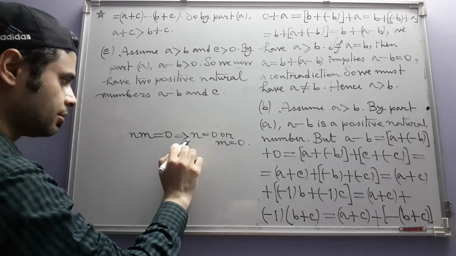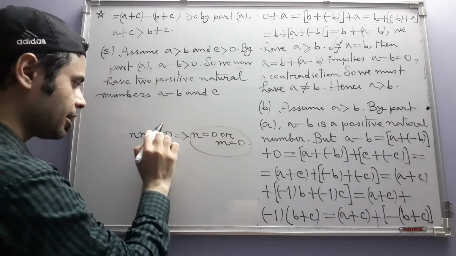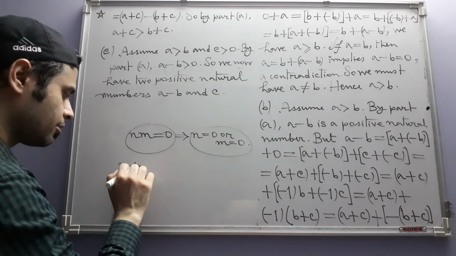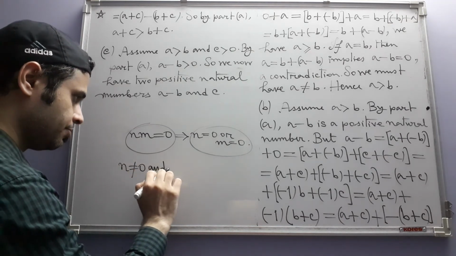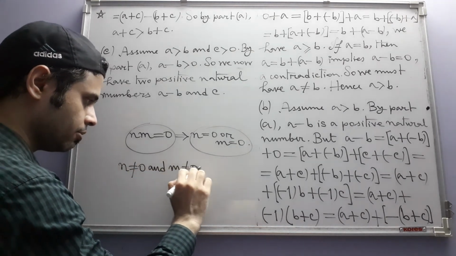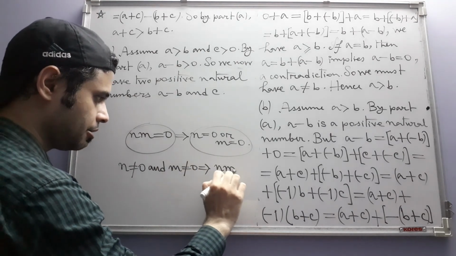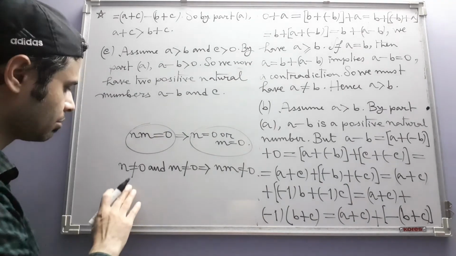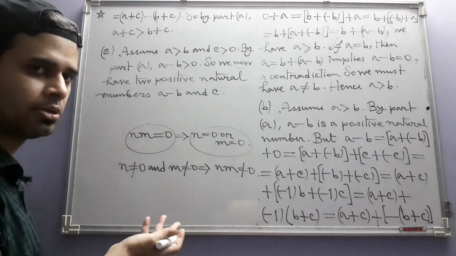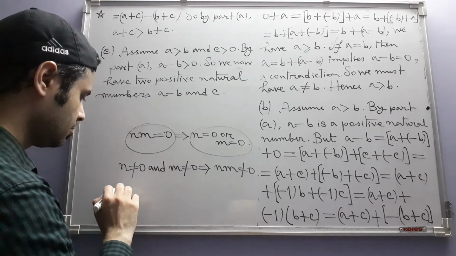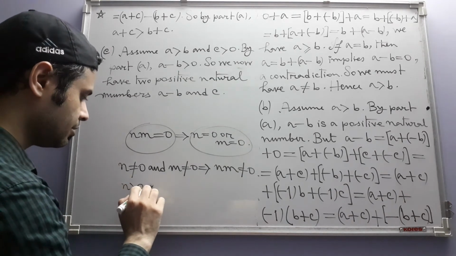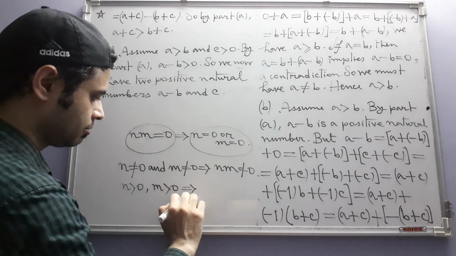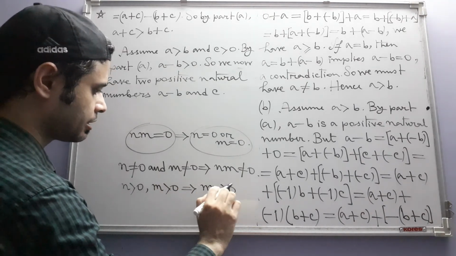If negation of this implies negation of this, that is, if n is not equal to 0 and m is not equal to 0, this implies nm is not equal to 0. Now in the universe of natural numbers, being non-zero means being positive. That means if n is greater than 0 and m is greater than 0, then nm is greater than 0.